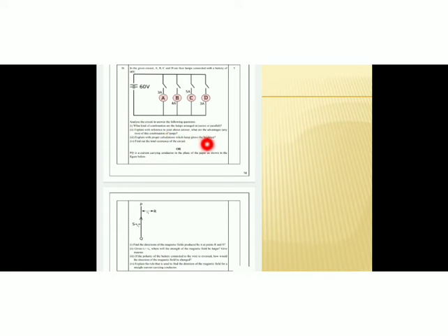Explain with reference to your above answer what are the advantages of the combination of lamps. So this is a parallel combination, and what are the advantages of parallel combination? See, all the appliances require a common potential difference. Here all the lamps are operating at a common potential difference of 60 volt. That is an advantage.